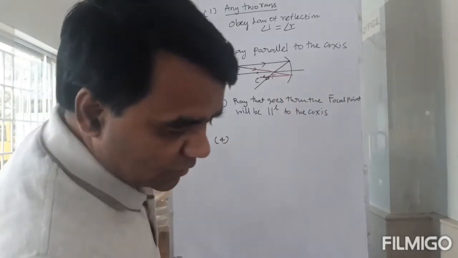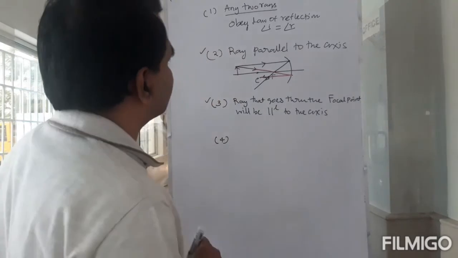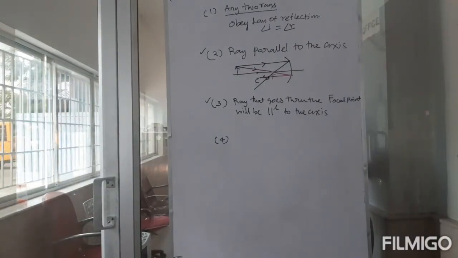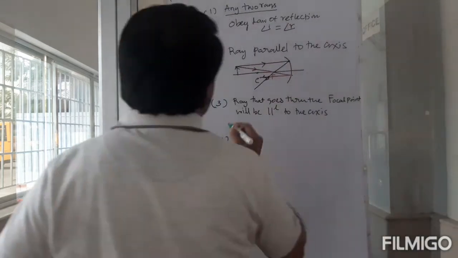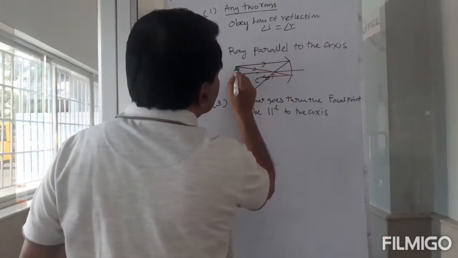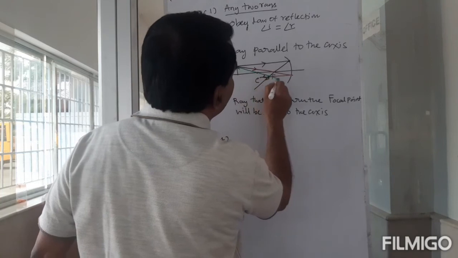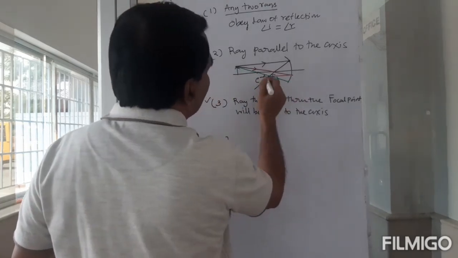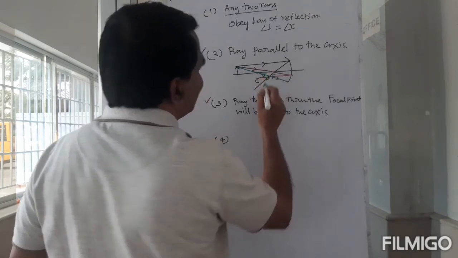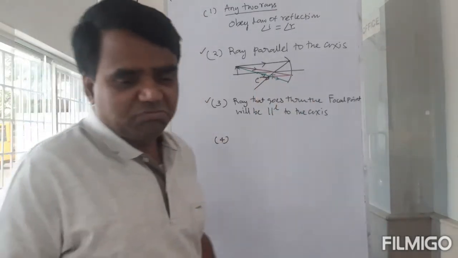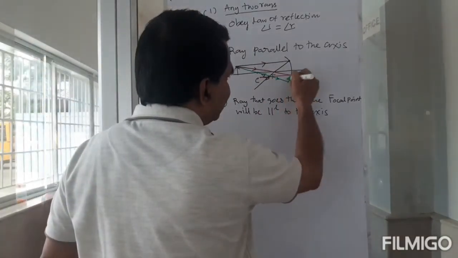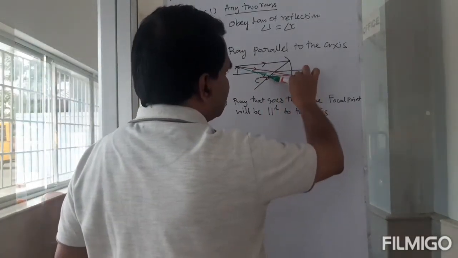Okay, so I'm going to use the third color now. This one. So this goes and hits, and now it will retrace, it will go back. Why is it so? That's obvious. You see, this is a normal, and at this point, where is the normal? The normal is the radius all the time.